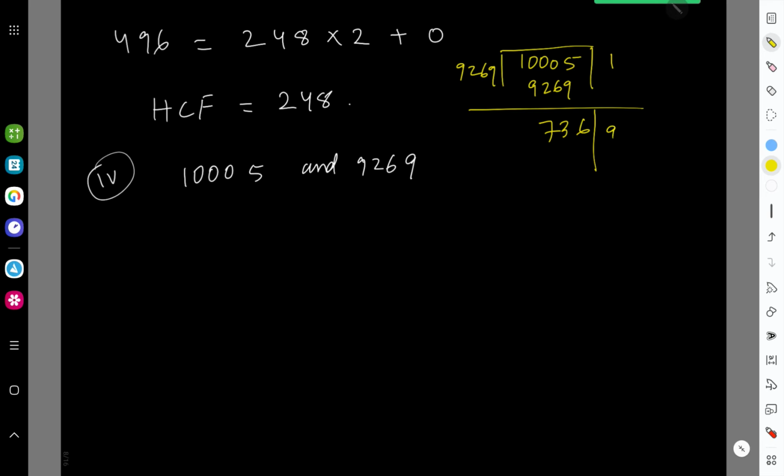Then we will move on to 9269. We'll take it as our new dividend. 7346, 1736, 08, 19, 2 will be 12, 2 times 3 is 6, 7, 2 times 7, 14, 15.